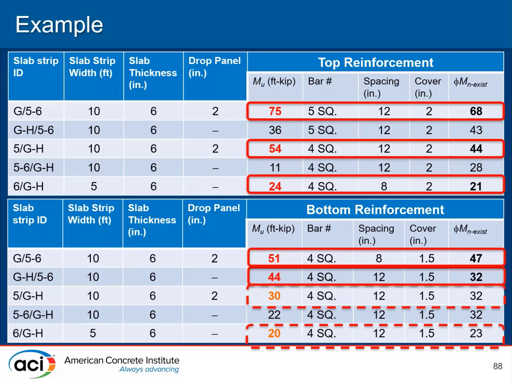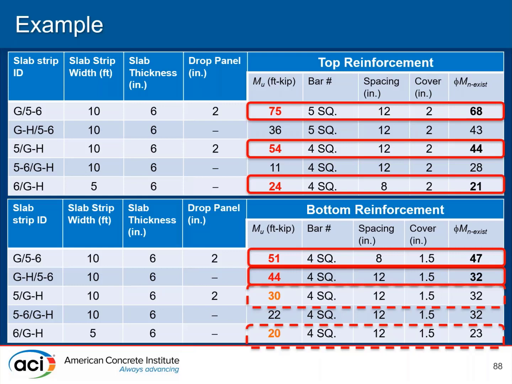There's a good bit of information on here, but essentially what you can see is there are different slab strips for the slab system, and you can see the slab strip widths there. The slab thickness is pretty consistent, and the drop panels are shown in the column strips.